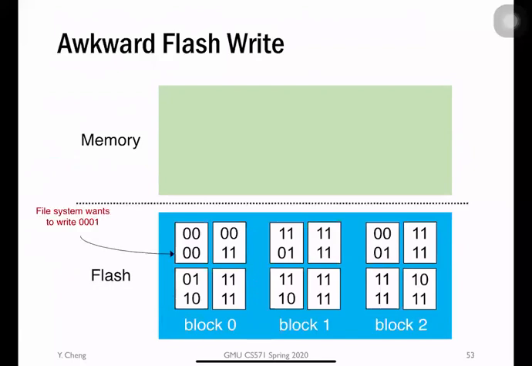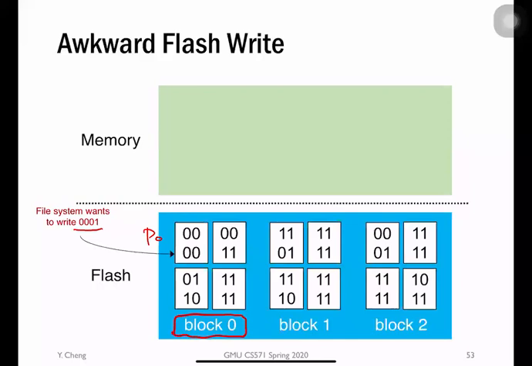Let's say the file system requests to write something new into the address that belongs to block number 0, and more specifically belongs to page 0 of block 0. So it writes something new, which is 0001. Okay, so how to do so?